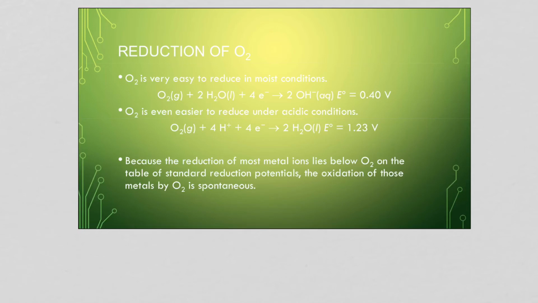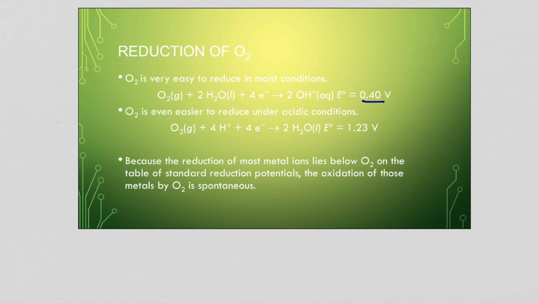Now, the reduction here is typically the reduction of oxygen gas. This is a fairly easy reduction, with a positive 0.4 volts reduction potential. Oxygen converts to hydroxide, going from 0 to minus 2, in the presence of water.